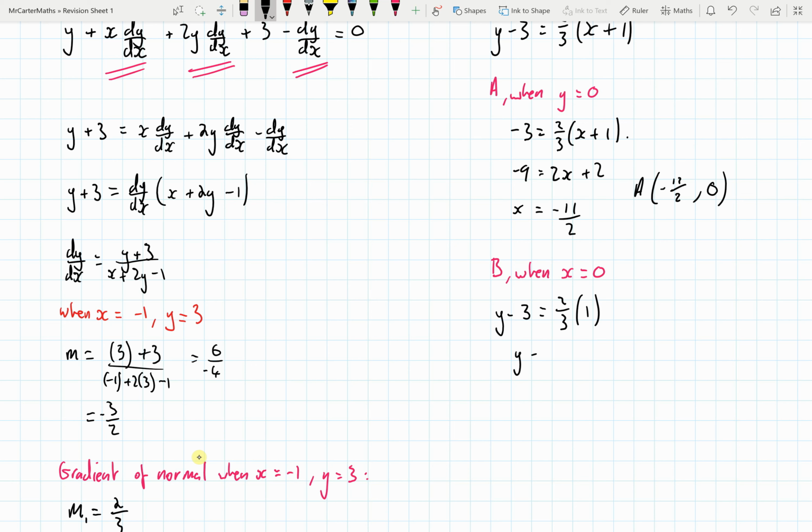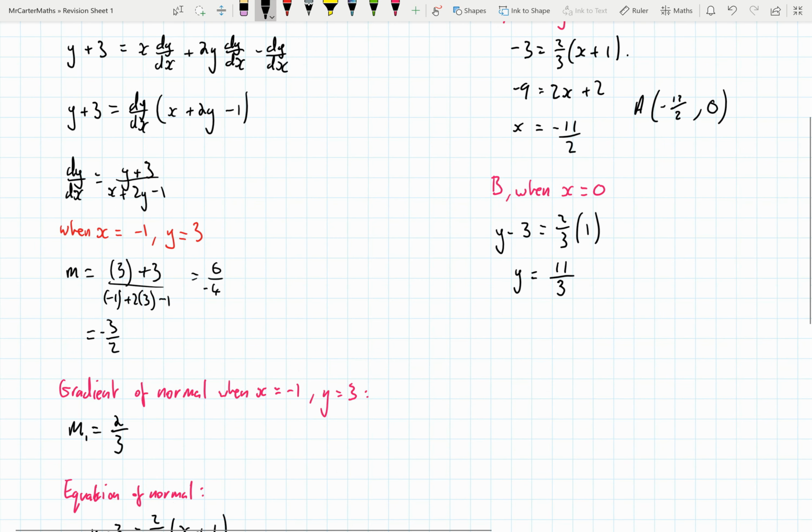So y equals, adding my 3 across, 9 over 3 plus 2 over 3 is 11 over 3. In fact, let's write B down as a coordinate. B is the point where x is 0 and y is 11 over 3.